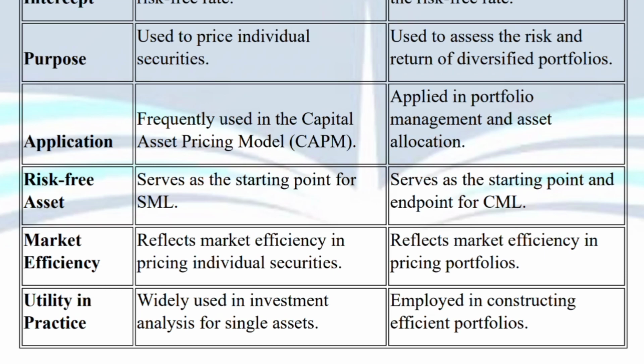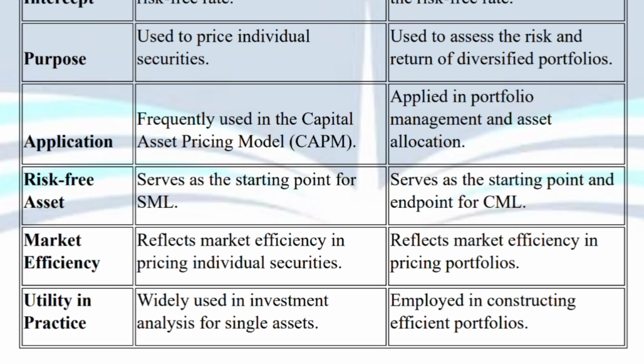So if we talk about the pricing of individual securities and the market efficiency in that pricing, it is only the security market line, because it deals only with an individual security in isolation from other securities. But if we talk about diversified portfolios, then the capital market line serves as the reflection of market efficiency. Okay, so this is another difference.